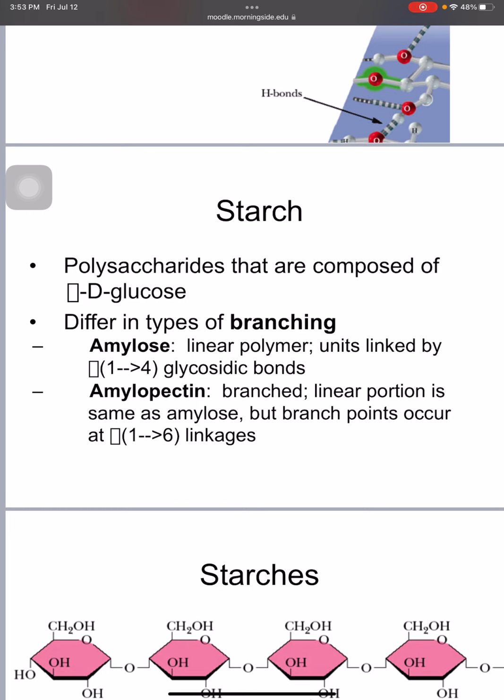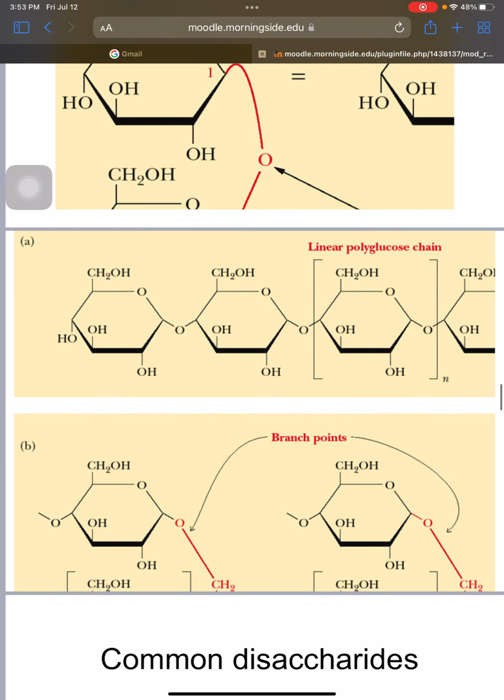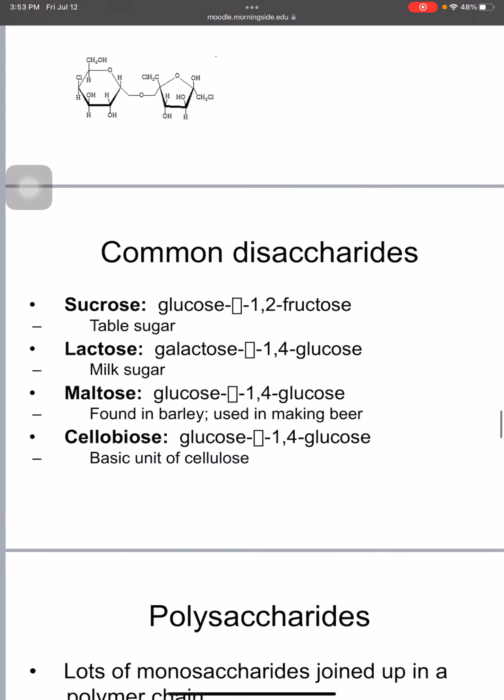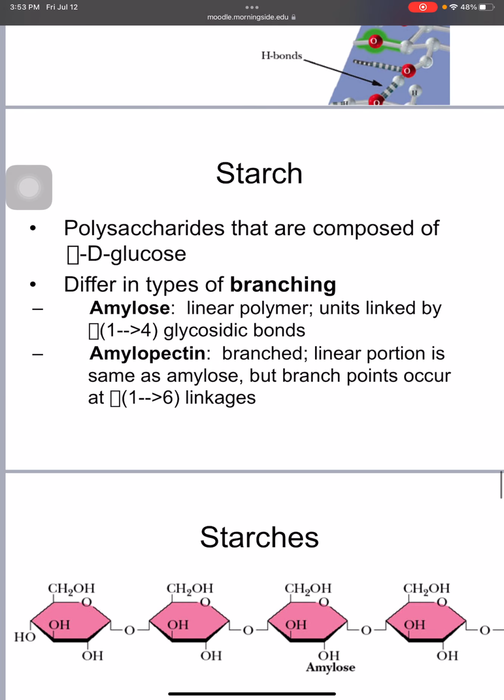All right. There's another form of starch that has branch points. So we showed you that photo earlier where I was kind of leading in, right? You get a linear polyglucose chain and also branch points. Starch is a good example of that. Whenever you have these starch chains that have branches in them, first of all, the branch points are going to occur typically at alpha 1,6 linkages.